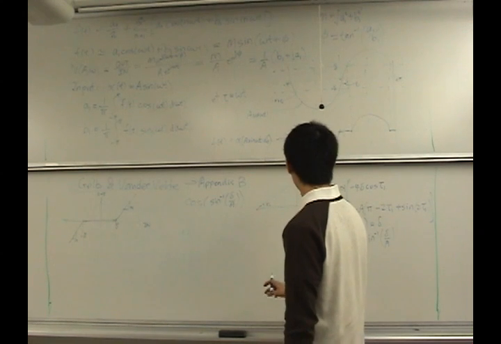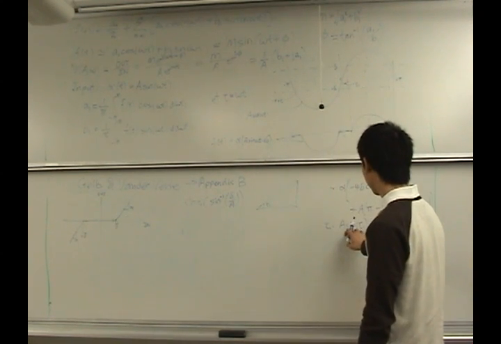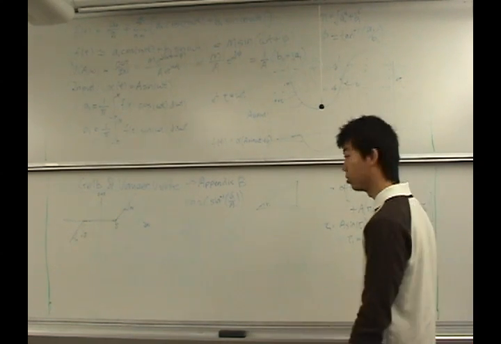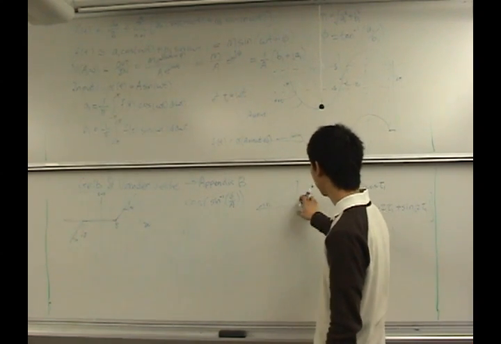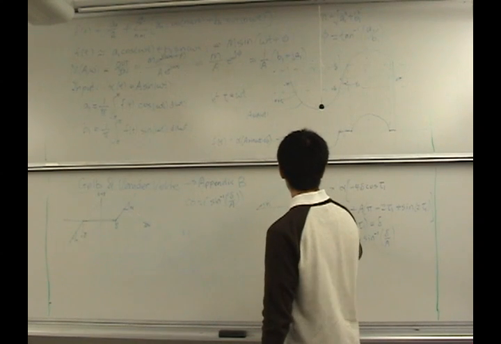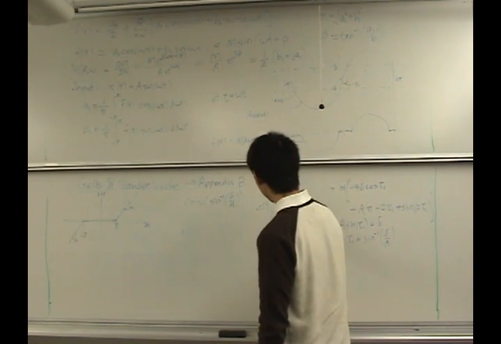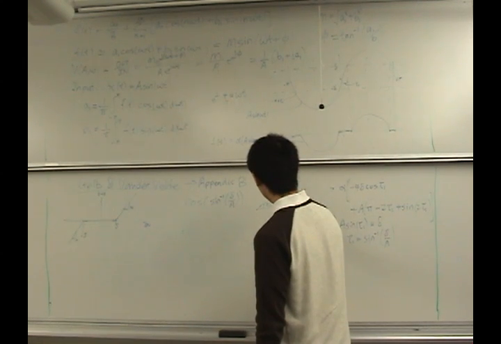We know that sine of tau 1 is delta over A, which is sine is opposite over hypotenuse. So this is delta, this is A, and this would be the square root of A squared minus delta squared.